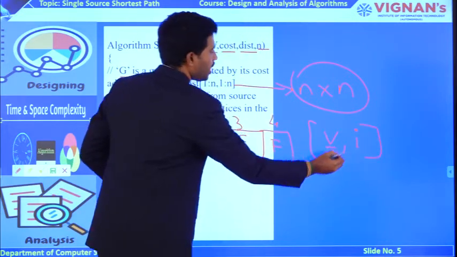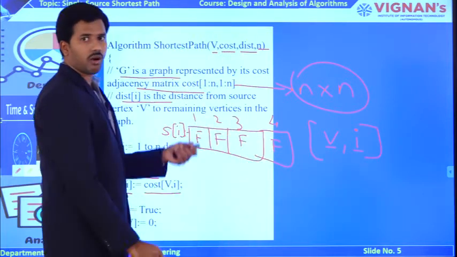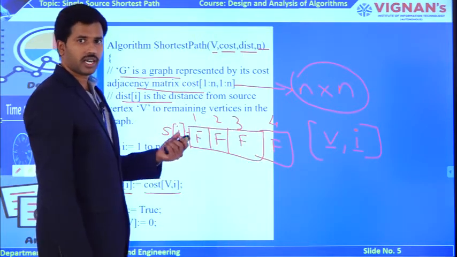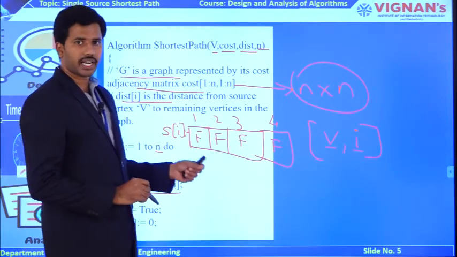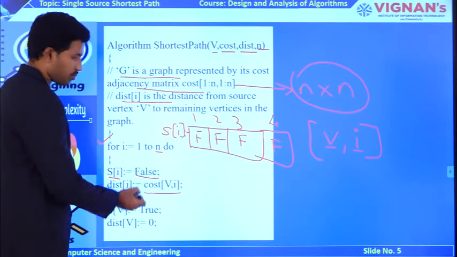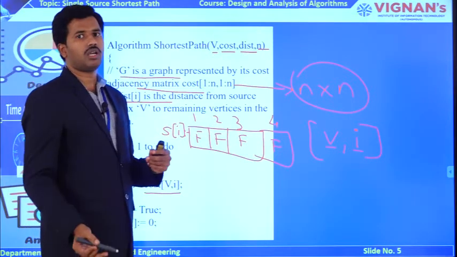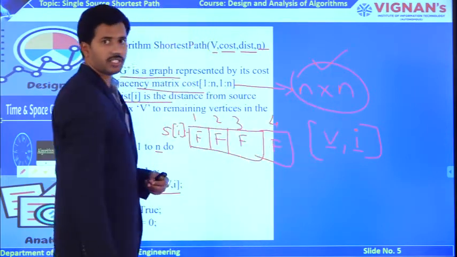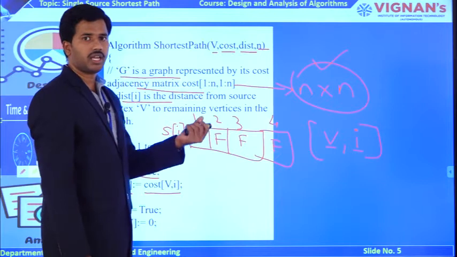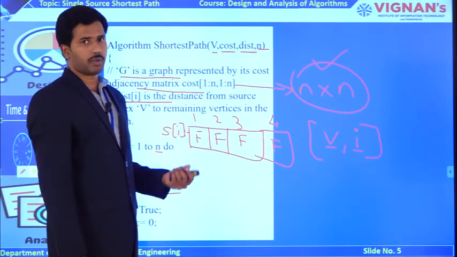So what is V telling? The source vertex. What is I telling? About all the vertices which are available in your graph. The first row available in the adjacency matrix is going to be assigned to the distance vector. Why? Because it is not possible to update all the elements in my adjacency matrix of dimension n by n. That can be done with the all pair shortest path problem using dynamic programming.